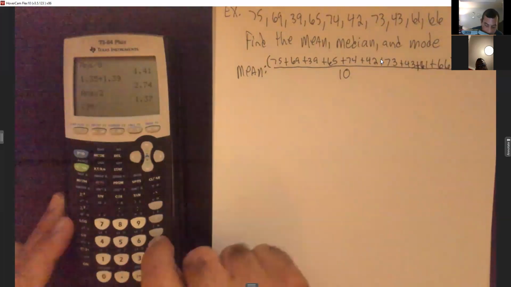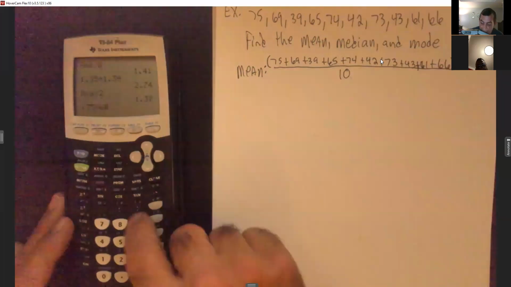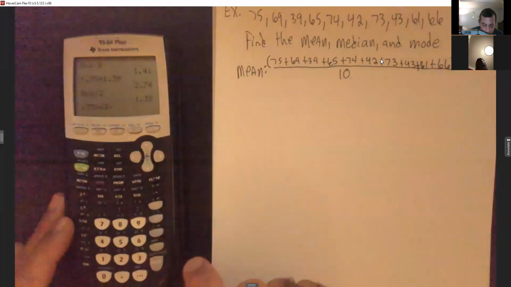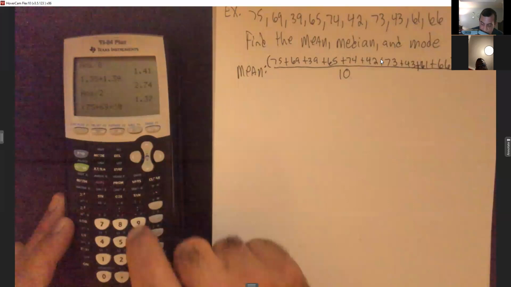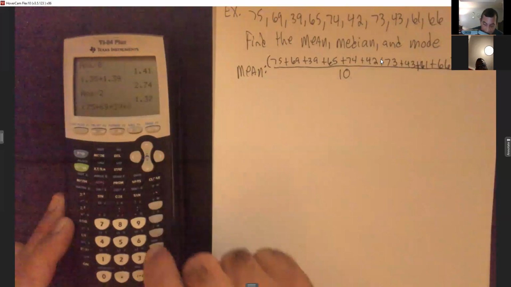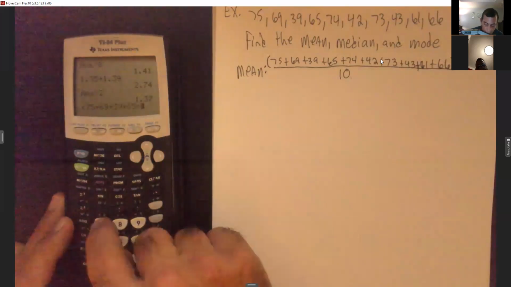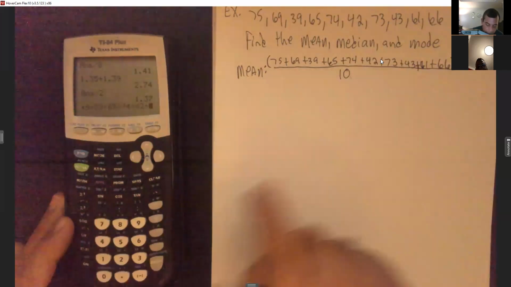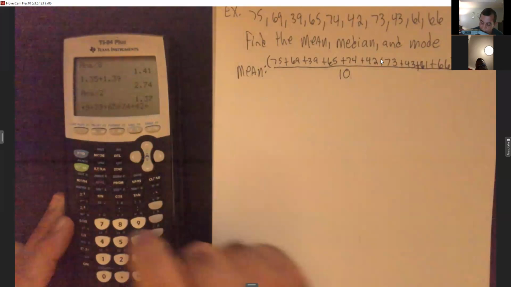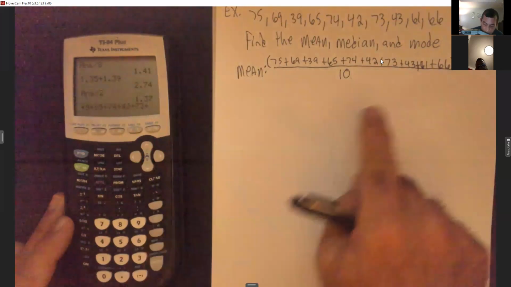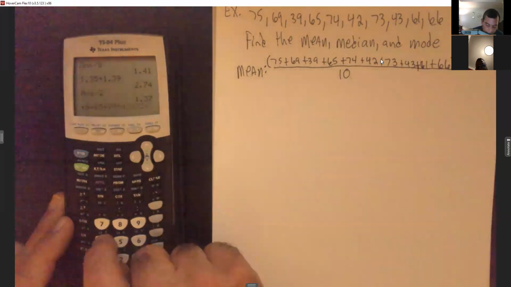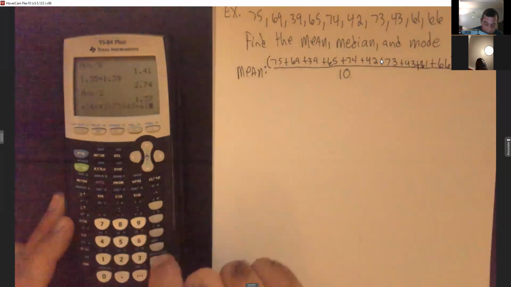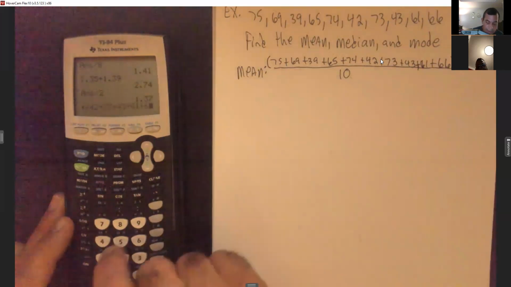So 75 plus 69 plus 39, 65, 74, 42, 73, 43, 61, and 66.